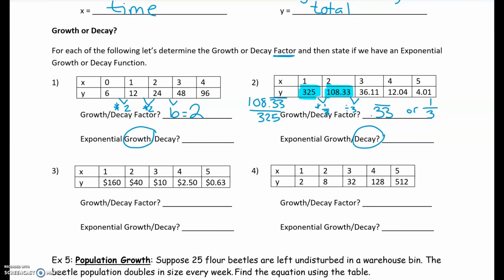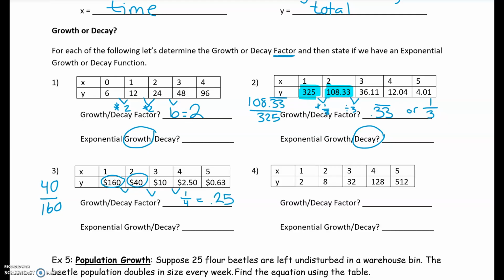Okay. Number 3, also we can see that these are getting smaller and smaller. So if we take that same method from number 2, we're going to take the second value and divide it by the first value, so 40 divided by 160, we are going to get that this indeed is 1/4, or if you like decimals, we can use 0.25.